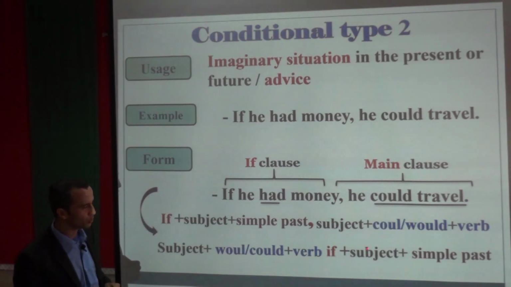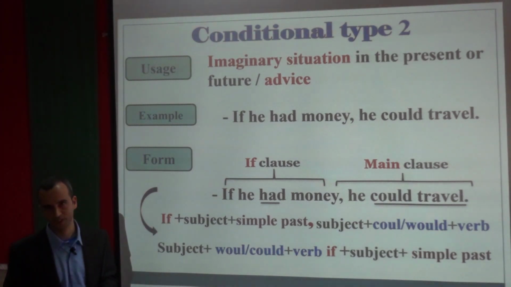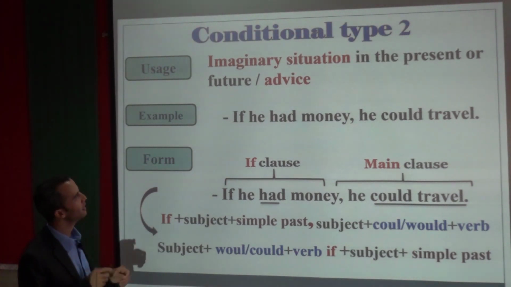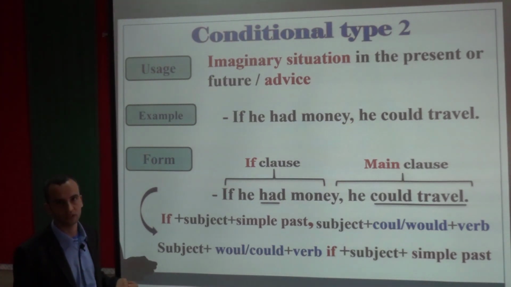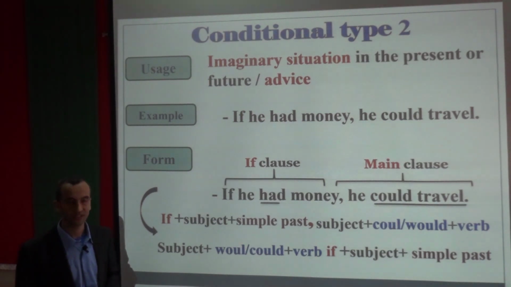Then in the if clause, we have the same structure, if plus subject plus simple past, okay? So simply, we say, if he had money, he could travel, or he could travel without comma, if he had money. So this is the conditional type 2.